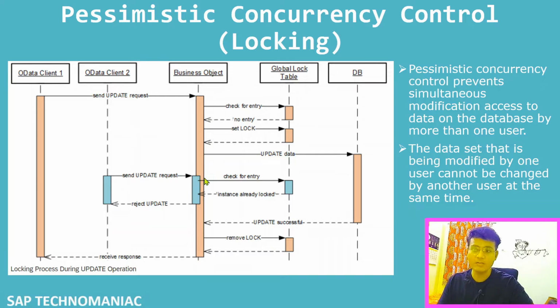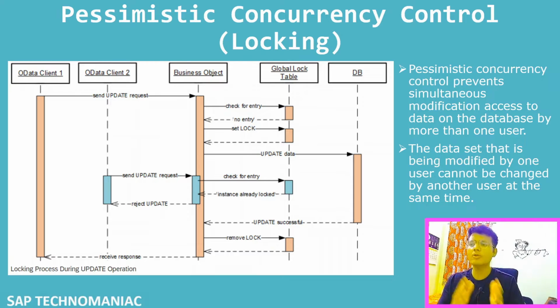The business object will check the global lock table whether that particular object instance is already locked or not. Then it will get to know that it is already locked by user 1. So the instance is already locked. Then it will reject the update request by OData client 2 or user 2 and say that it is already locked by some other user.